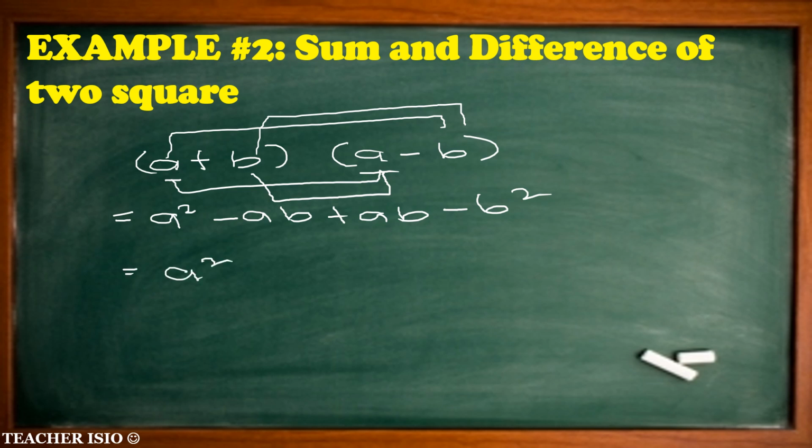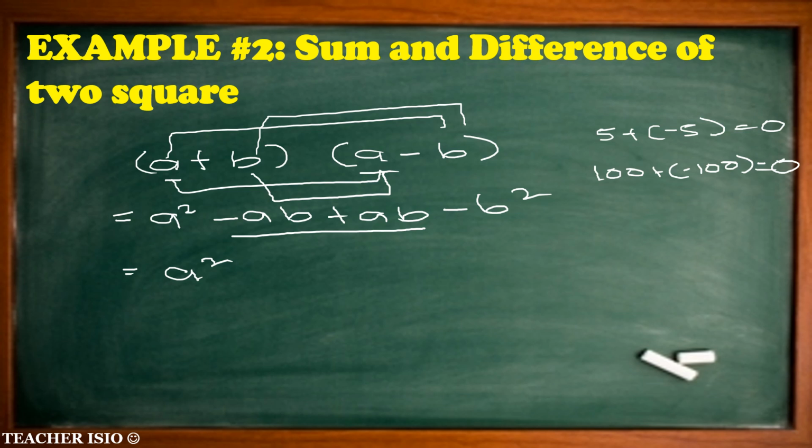So, always remember, kapag may nakita kayo na magkaparehas ng number but different sign, the answer is always 0. Okay? So, ang tawag diyan ay additive inverse. So, for example, we have 5 plus negative 5. Huwag na kayong mag-isip pa. The answer is 0. Another example, if we have 100 plus negative 100, huwag nang mag-isip pa, the answer is 0.